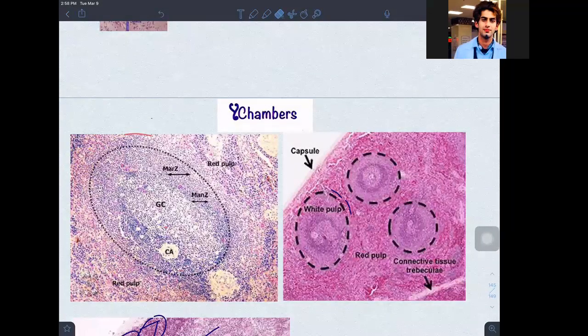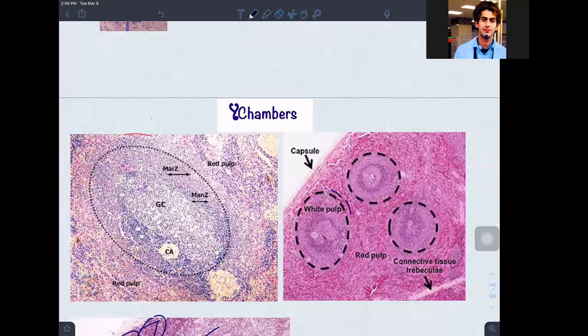So first thing I will say is, a spleen has trabeculae, spleen has nodules, isn't it? We saw right now that in the splenic nodule, we have germinal center. So what is a splenic nodule actually?